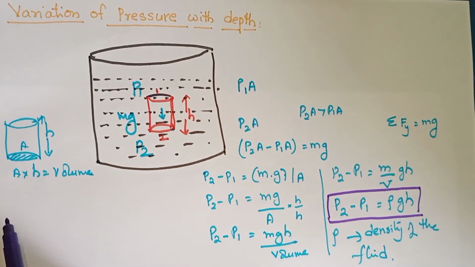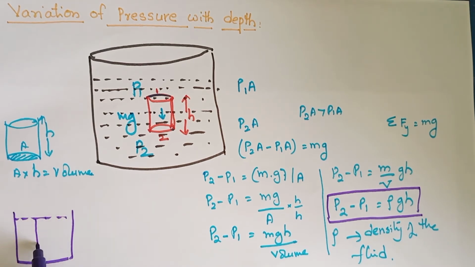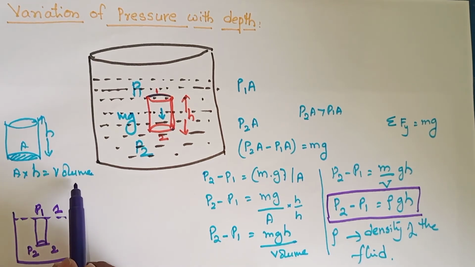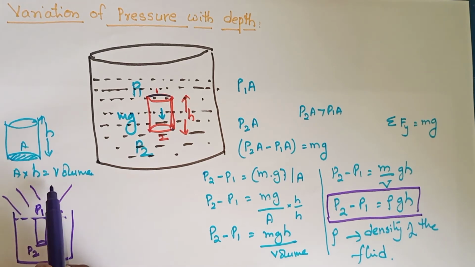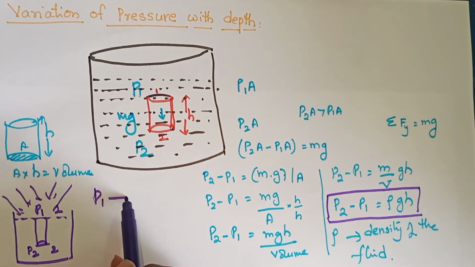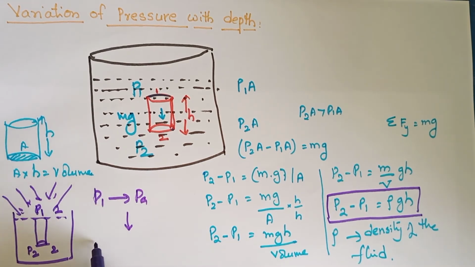Suppose I am considering that point 1 is open to the surface. You can imagine this is point 1 and this is point 2. If this is open to the air or atmosphere, obviously P1 can be referred to as PA, the atmospheric pressure.